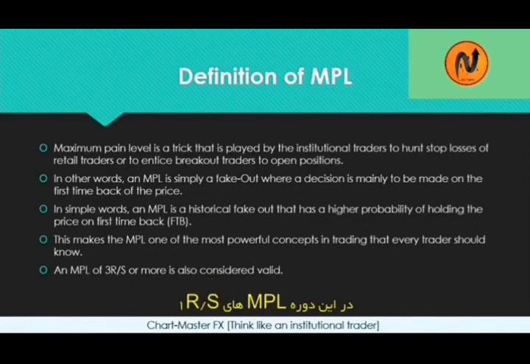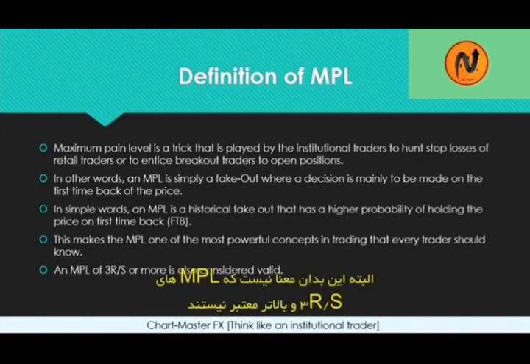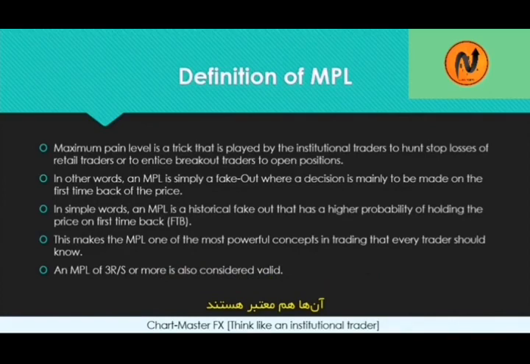So basically in this course, we are going to look at one RS, and we are going to look at two RS. That does not mean that MPLs of 3 RS or more are not valid. They are also valid.